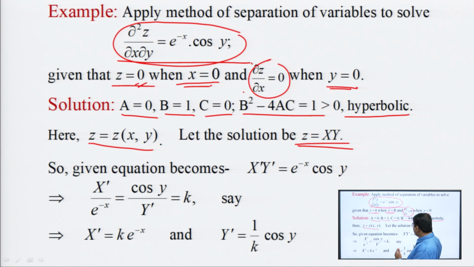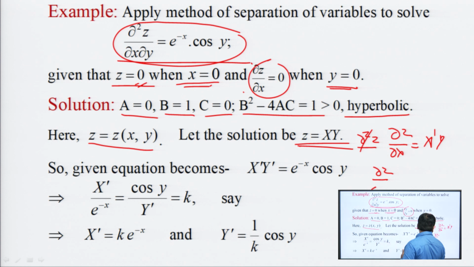So, if z is equal to x into y, then del z by del x is equal to x dash y, and we want to find del z by del y, which is equal to x into y dash.